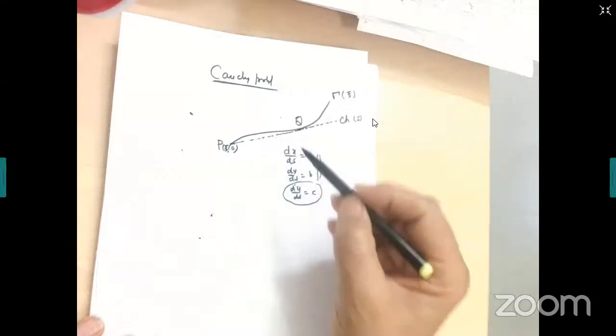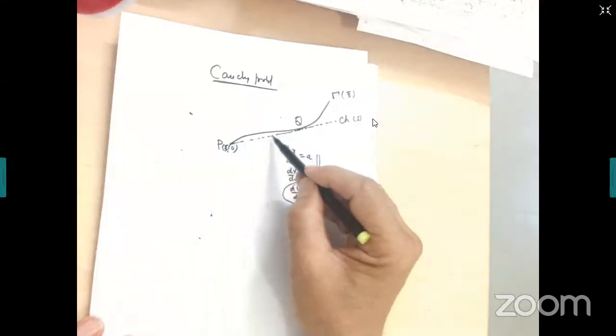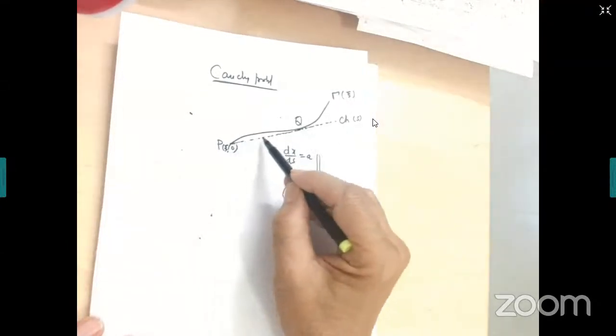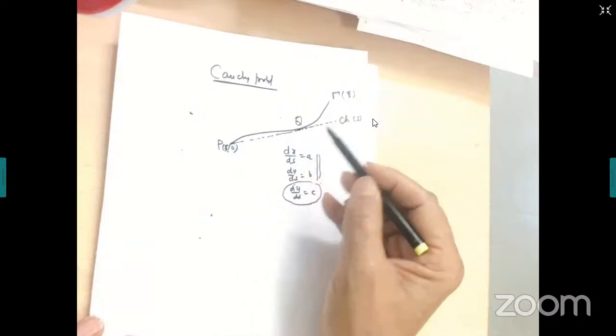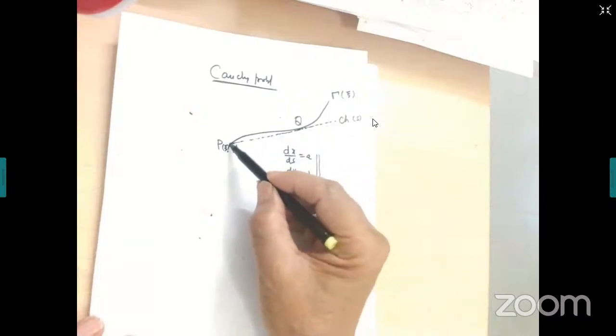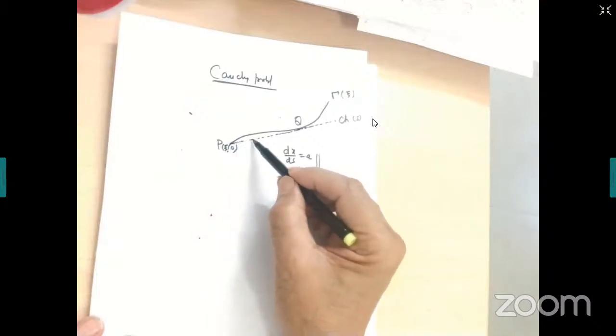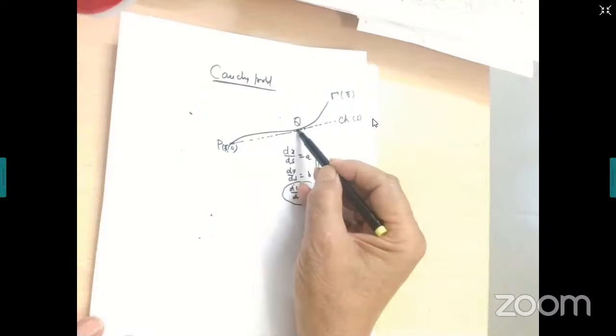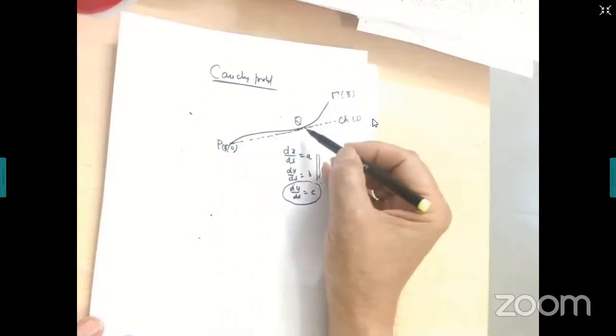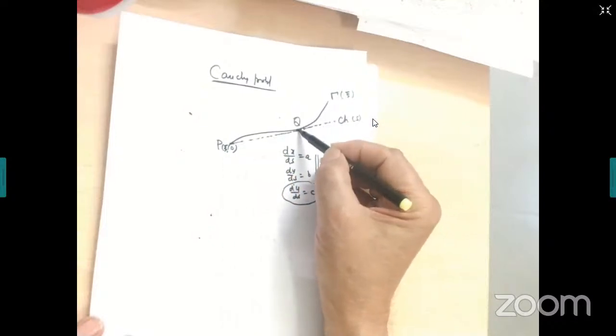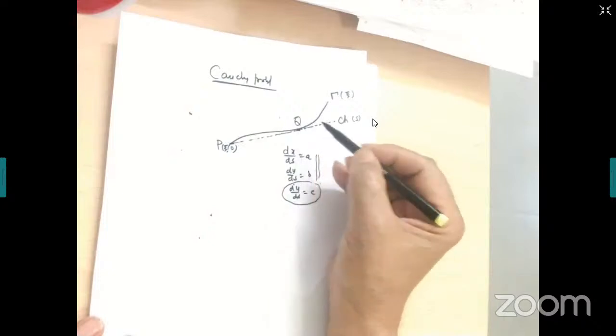The thing is this: if I integrate this along this characteristic curve, the value of u will depend on this point. You get some value of u here as you move along this characteristic curve, but the predicted value may not coincide with the value assigned at this point. Are you following?